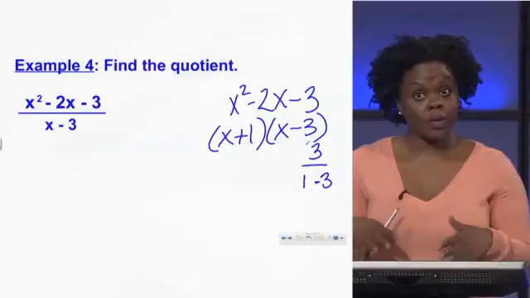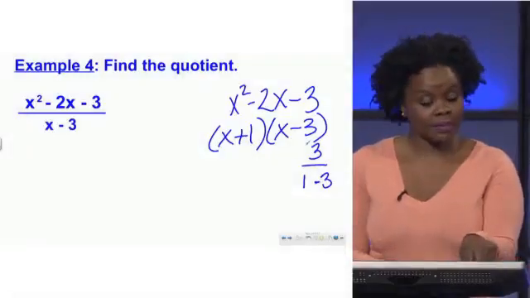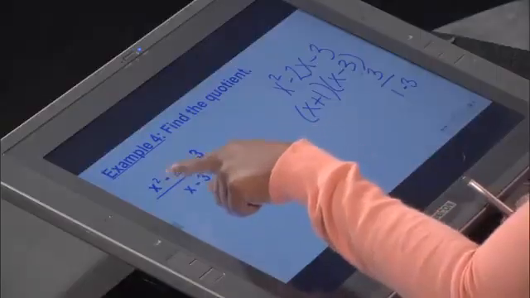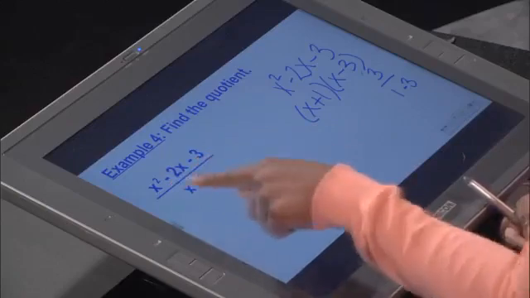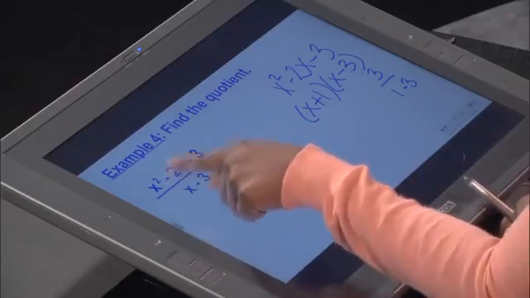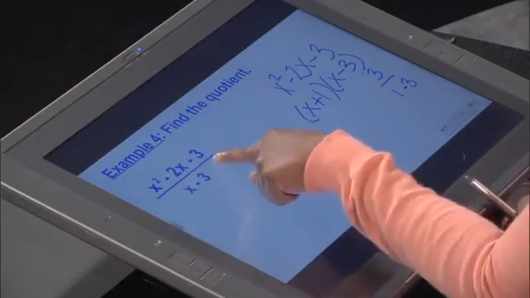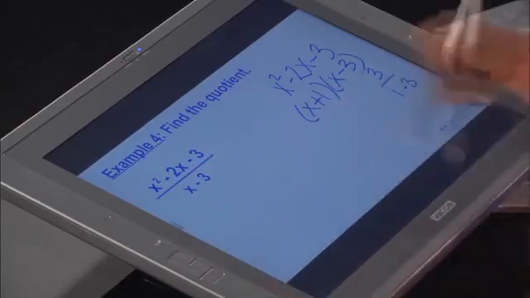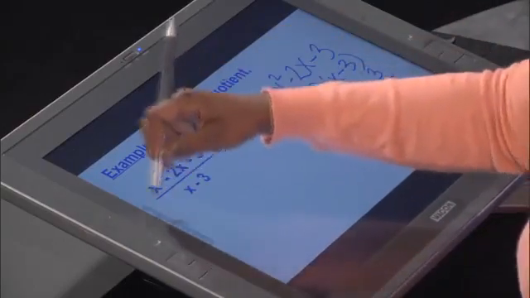Okay? So now what I'm going to do is I'm going to go back to my problem, and I'm going to rewrite that numerator by its factors instead. So I'm going to replace x squared minus 2x minus 3 with the factors, x plus 1, x minus 3. Okay, let's do a little moving around here, get some space.